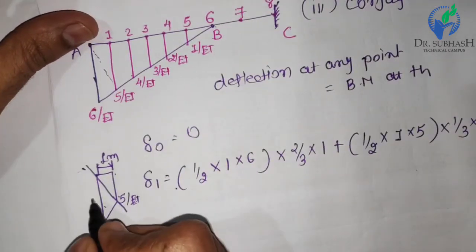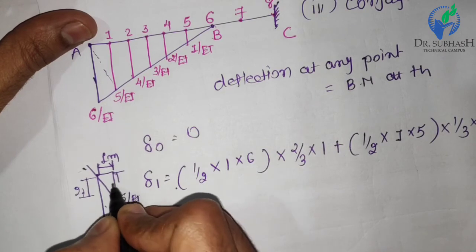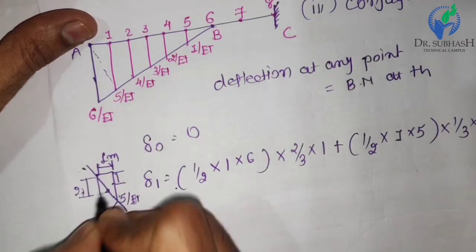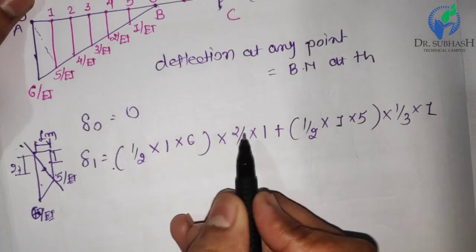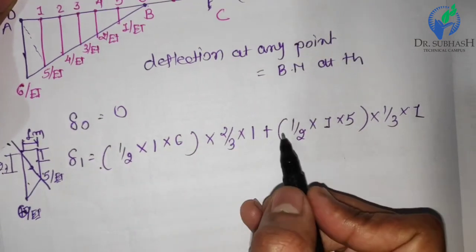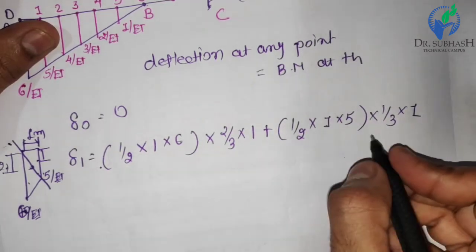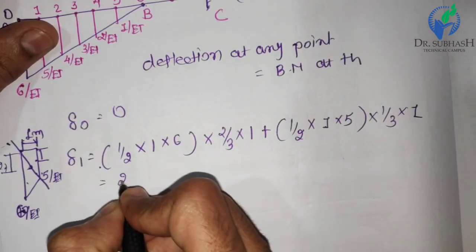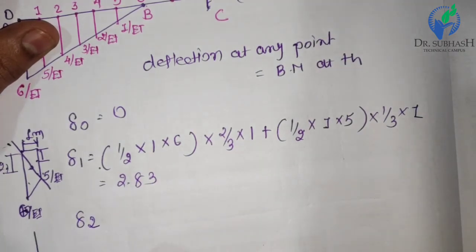So this is for 2/3 and this is for 1/3, and you have to match that CG. So 1/2 into 1 into 6 into 2/3 of 1, plus 1/2 into 1 into 5 into 1/3 of 1. So our answer is 2.83. Now we find out delta 2. For delta 2, our base is 2 meter.